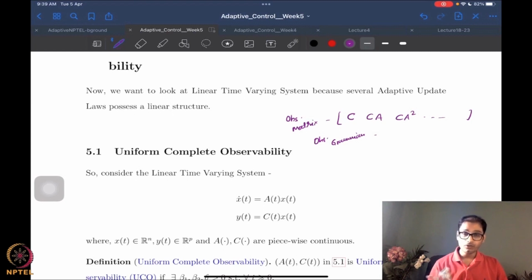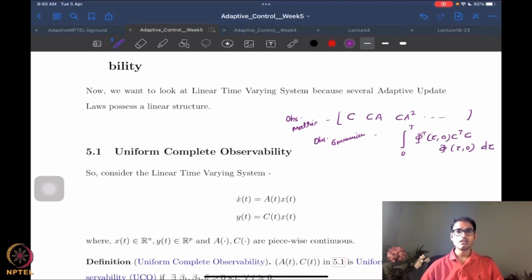If you have not seen it, I strongly encourage you to look at what an observability Gramian is. It used to be something like this: integral of phi transpose(tau, 0) C transpose C phi(tau, 0) d tau.